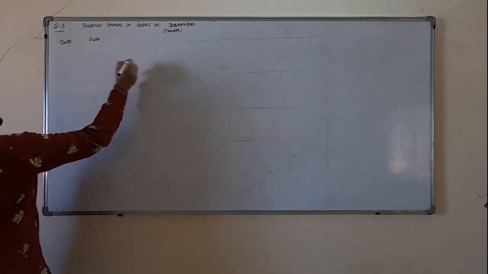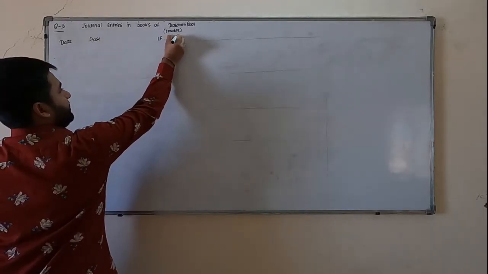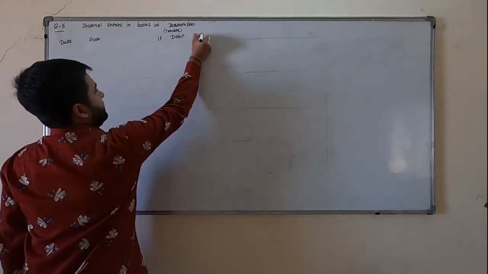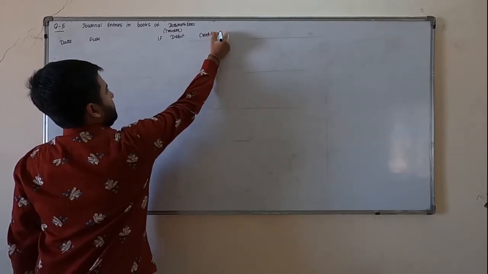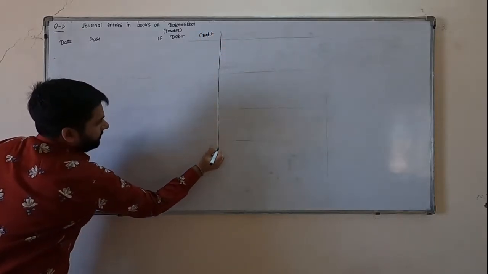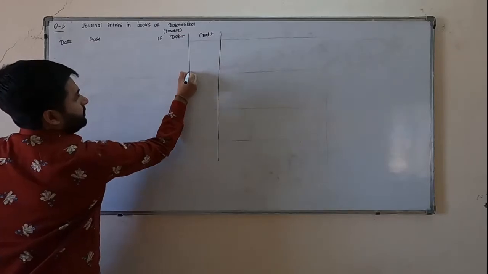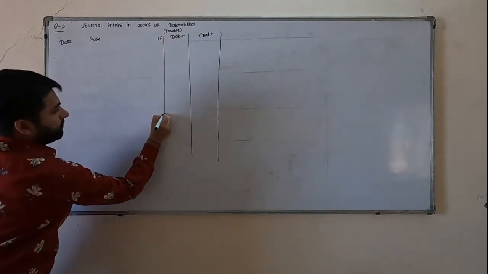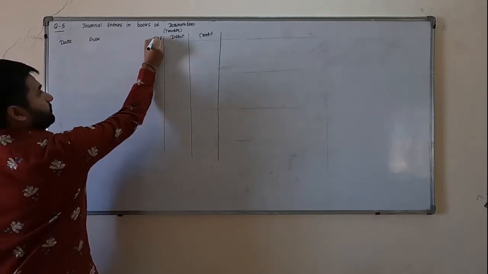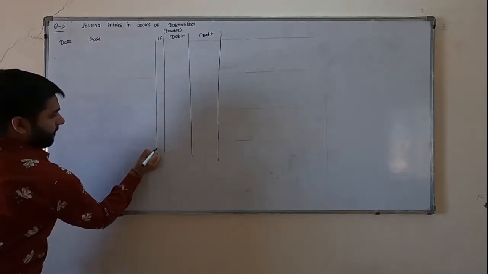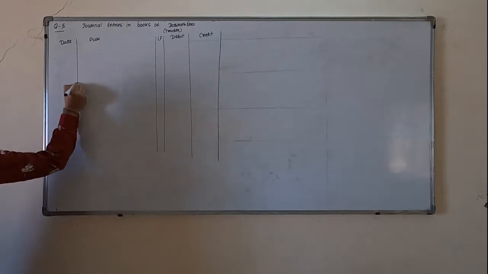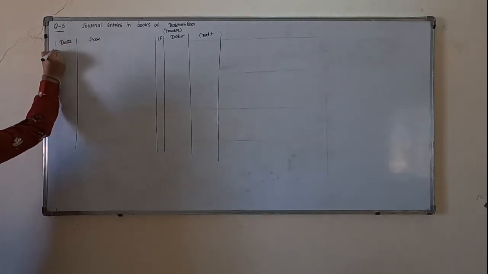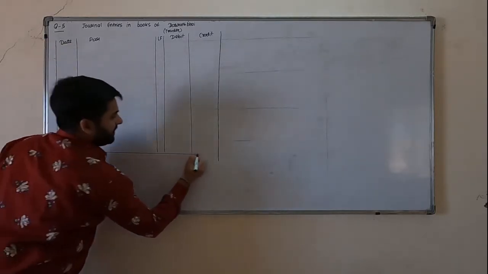Date, particulars, LF, debit, credit. We can draw it for 12 lines.